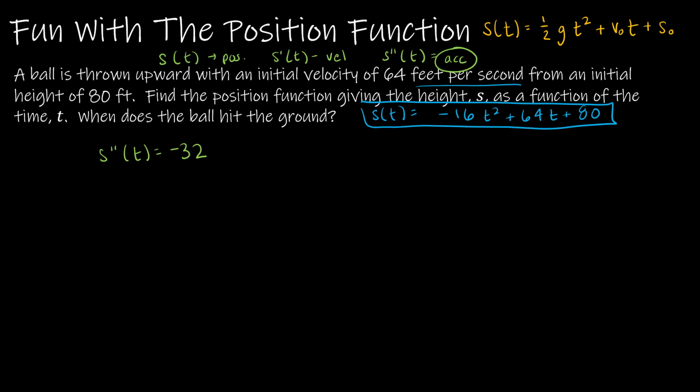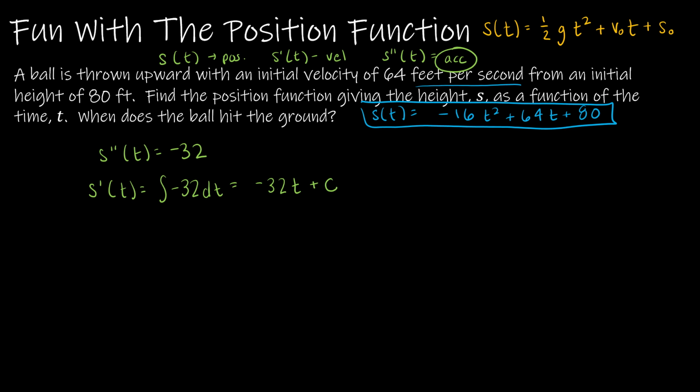What if I wanted to find s prime of t? Well, doesn't that mean I could just integrate s double prime of t? So I'm going to integrate negative 32 dt. Well, if I integrate negative 32, that would give me negative 32t plus c. But that doesn't really help me much, does it?